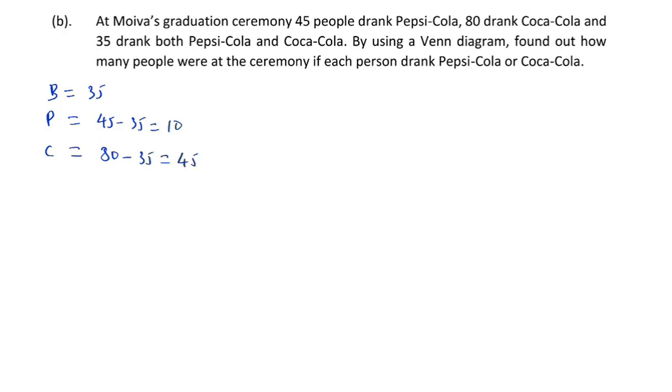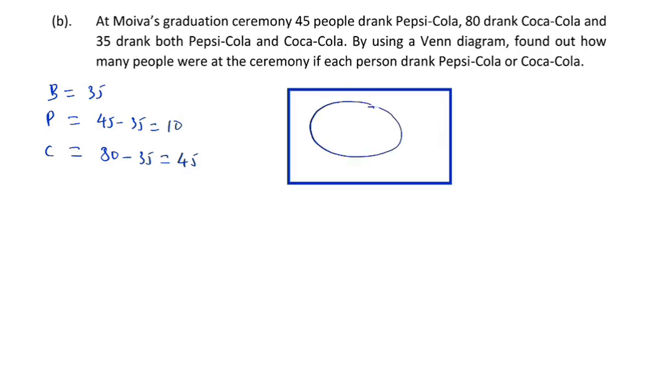Okay, so let us now represent this information in a Venn diagram. First let us sketch. We have one round shape for Pepsi-Cola and another shape for Coca-Cola, and then we are saying that those who drink Pepsi-Cola only are 10.